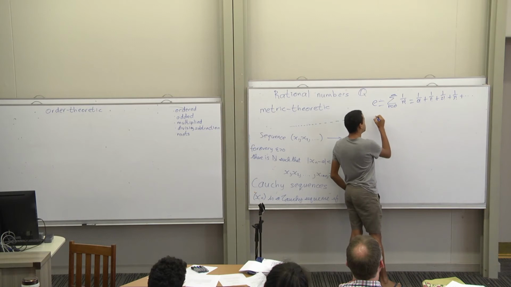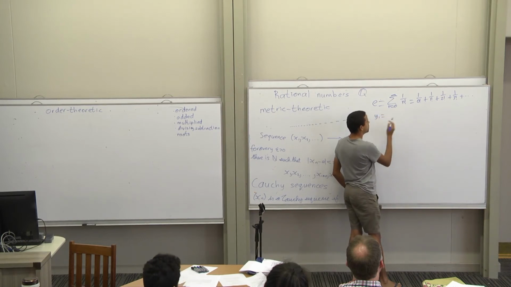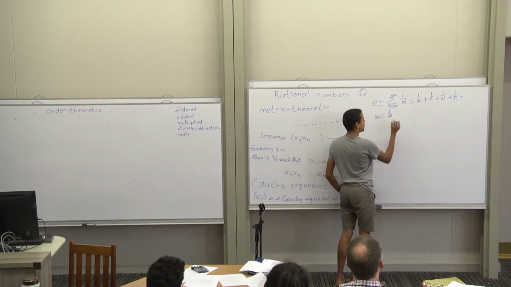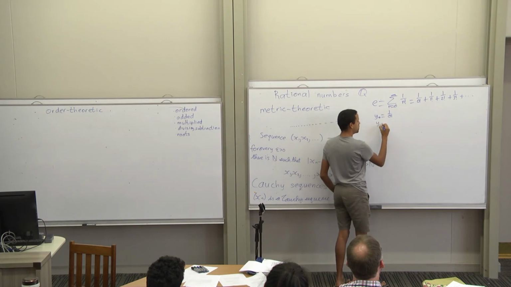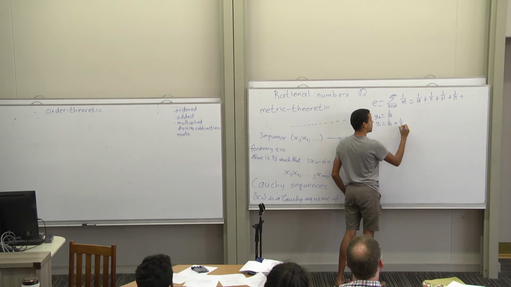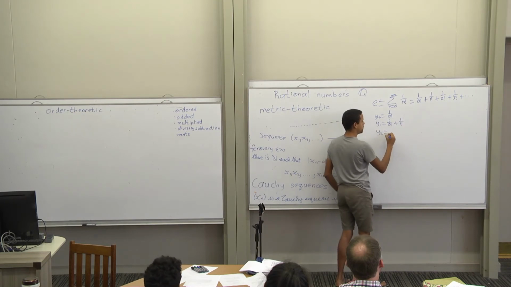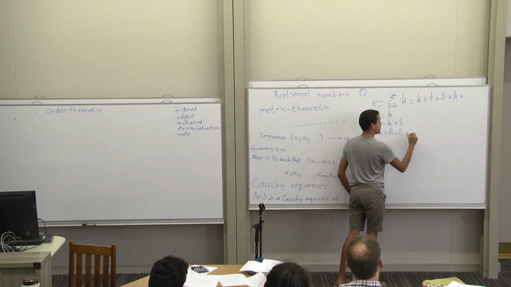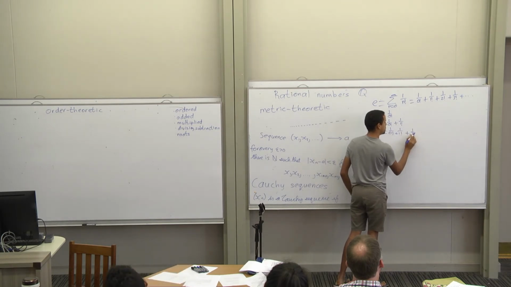So here your y0 would be the first term. Then your y1 would be the first two terms. y2 is the first three terms.